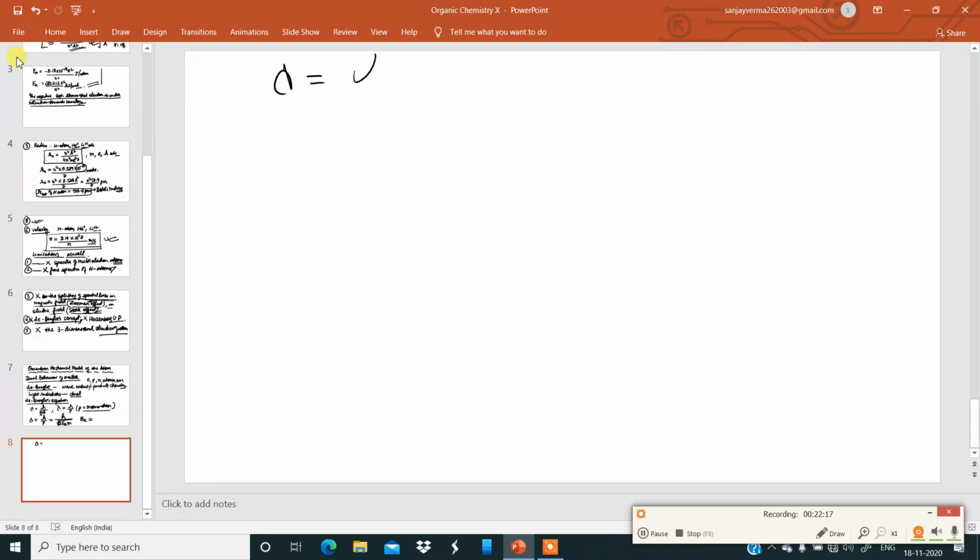Lambda is equal to h by root under 2qmV, 2qm capital V over here. Now please remember this q is the charge carried by the electron, and the capital V is the potential of the electron.